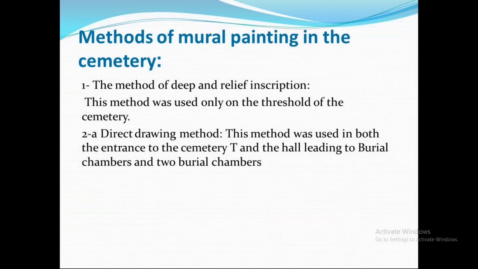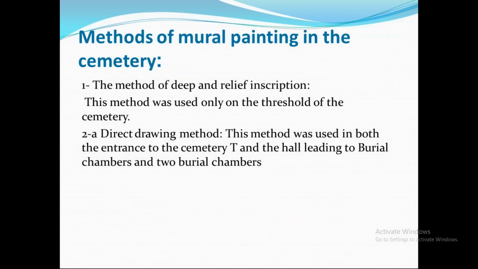First, I will talk about this tomb. It's a very unique tomb. It consists of two methods of mural painting, in color paint. The first method is deep and relief inscription.